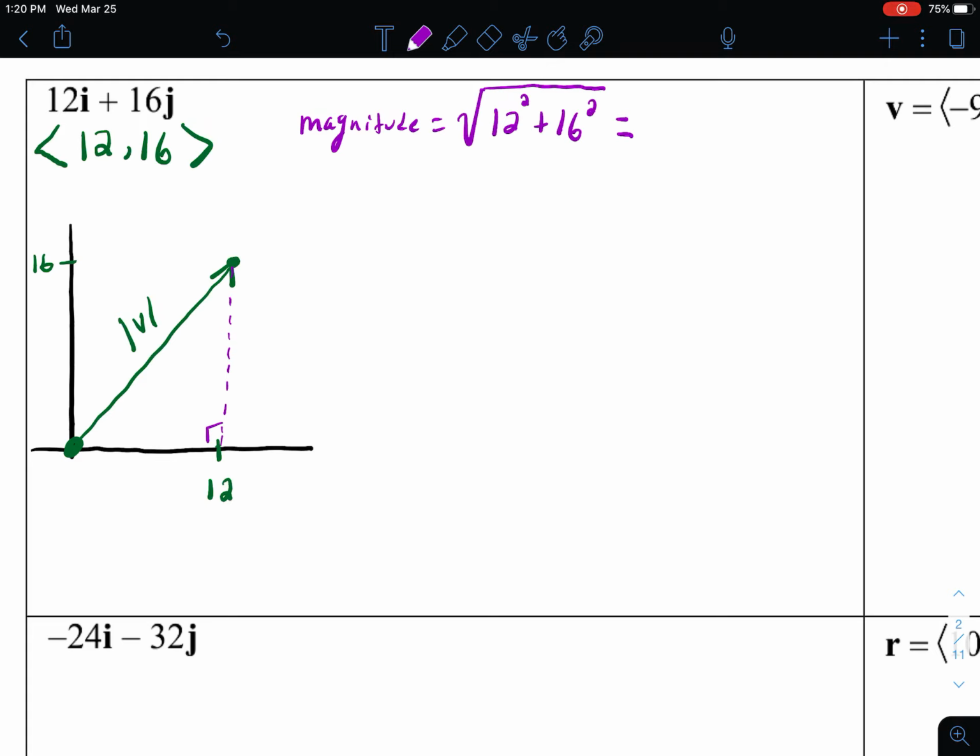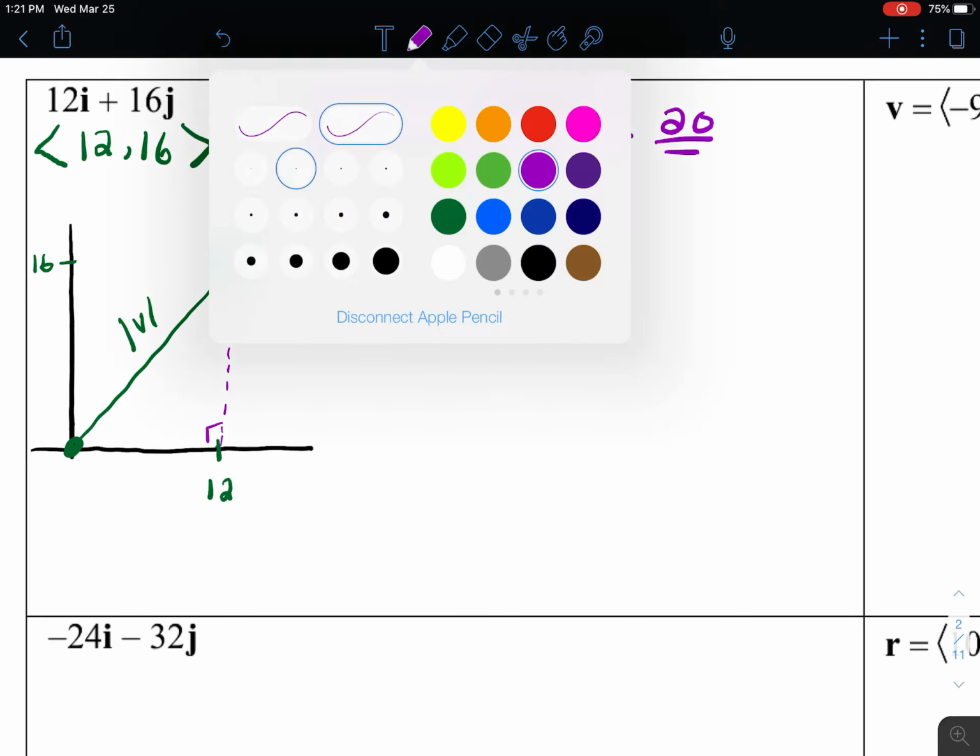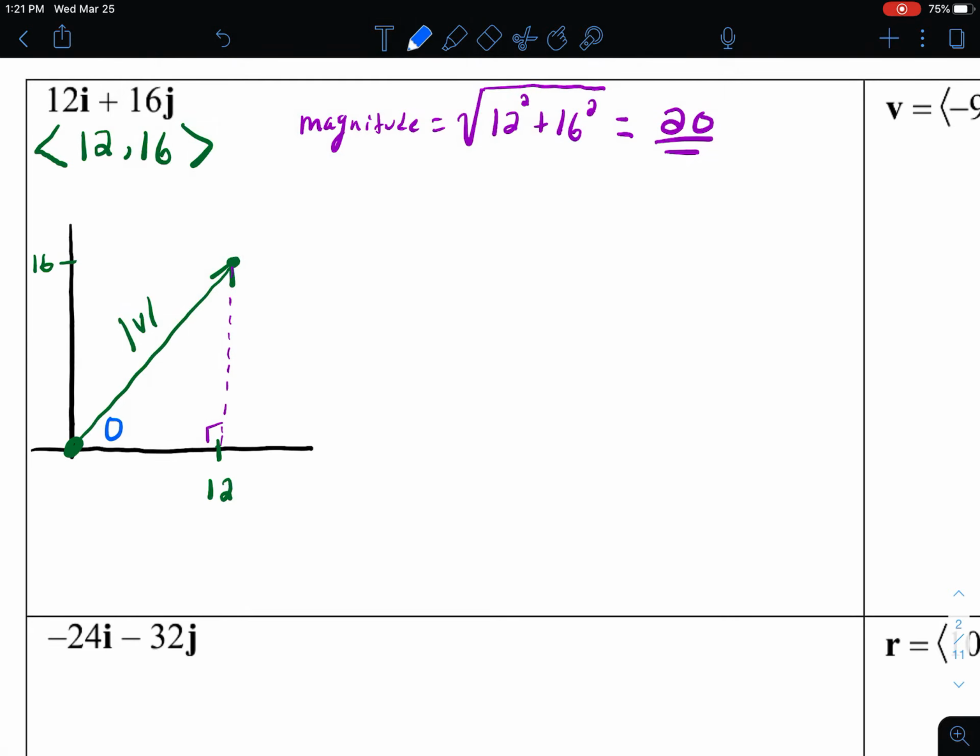And so that would be 20. So I have a magnitude of 20. My direction angle here, so we're in quadrant 1. So tangent of theta is going to equal y over x, so 16 over 12.